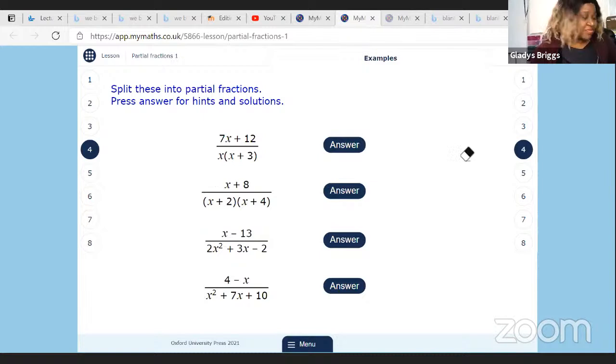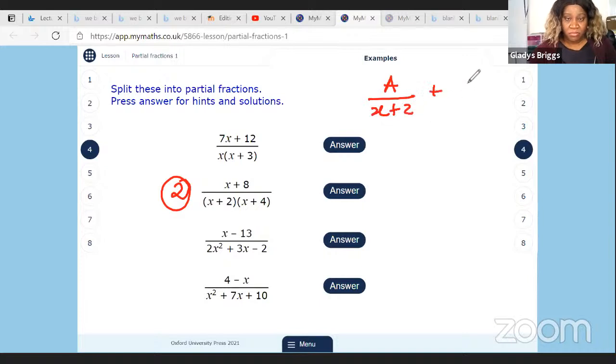Put A on the top. So this is the one that we're doing, our question 2. Okay, keep going.